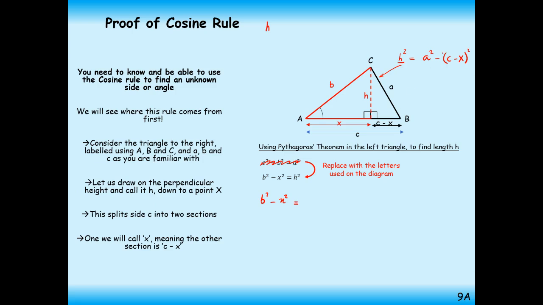Now I'm going to use the other definition. Definition number two is a squared minus (c minus x) squared, like so. Then we'll use the cosine rule to figure out what they are. I'll show you that on the next slide.